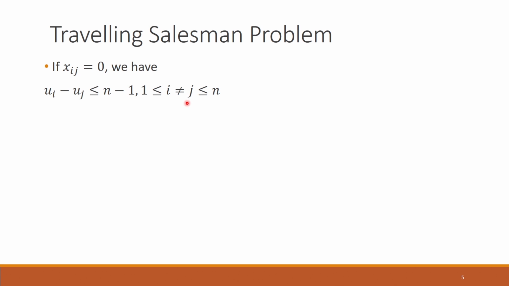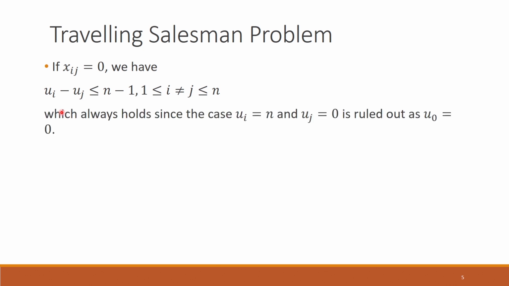Now, we need to argue that if we set the u values that we proposed in the last slide, that is, for node 0 you set u equal to 0, and for node i that is visited in the tth order in the tour you give me you set ui equal to t, then this set of constraints will be satisfied, and this will always be the case.